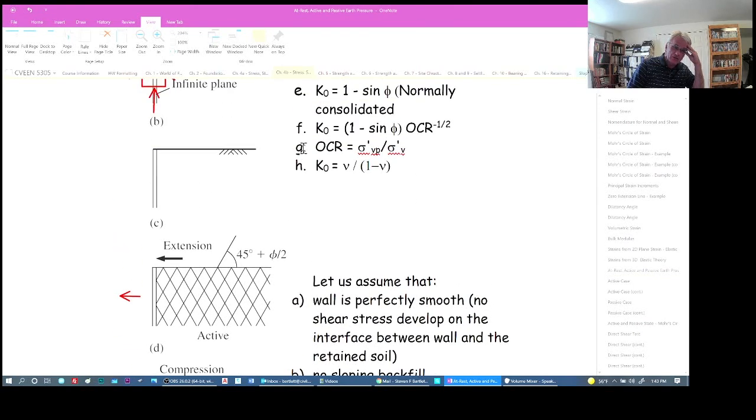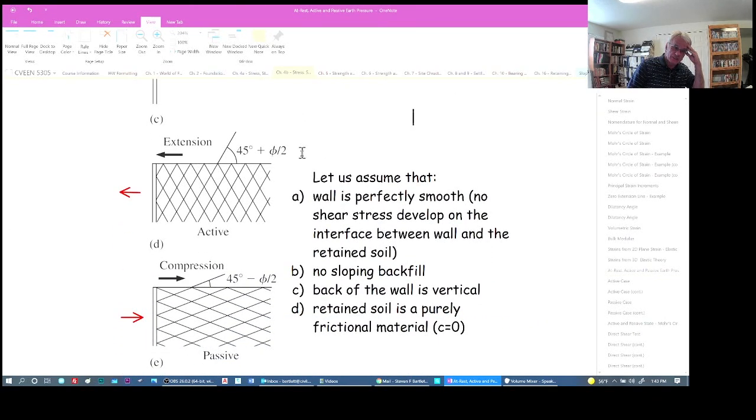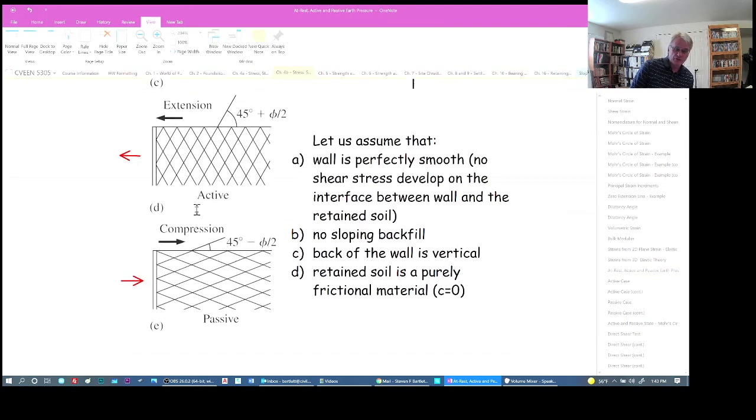So for right now, if I ask what is the inclination of the planes that cause failure for a wall moving away from the soil mass, going in extension, then 45 plus phi divided by 2 would predict that failure surface.